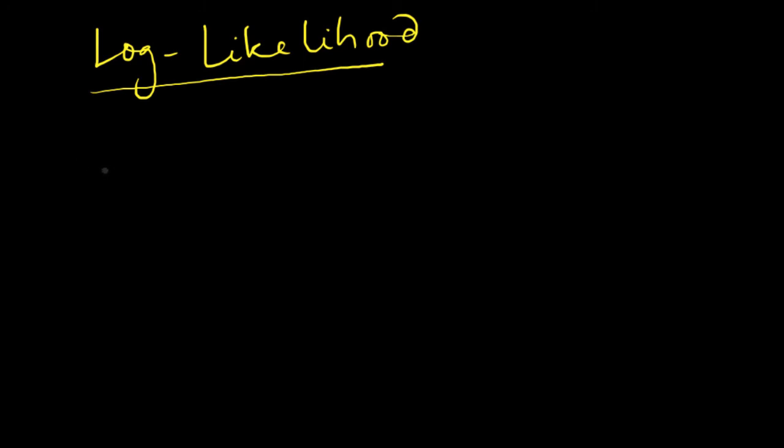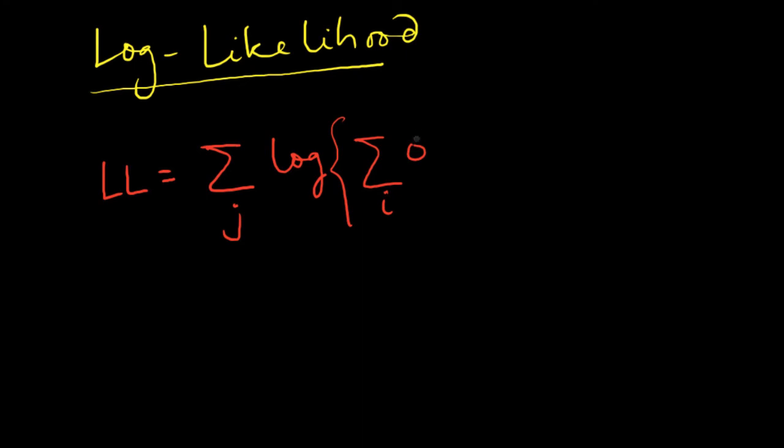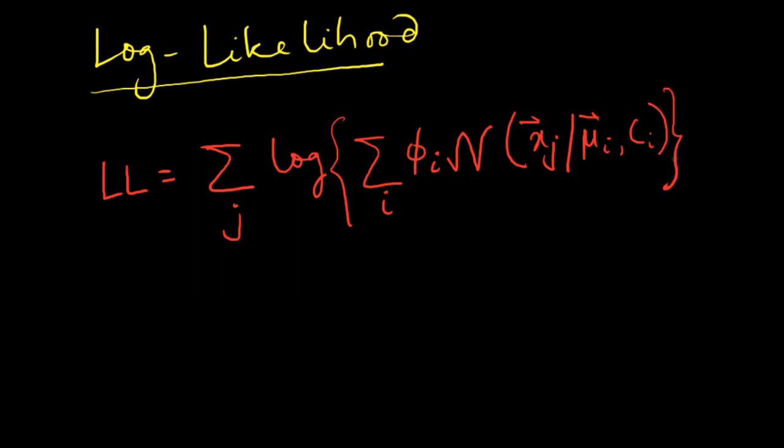So what is this log likelihood function? This is given by summation over all j of the logarithm of summation over all I of phi I times the Gaussian of xj given mu I given Ci. So basically what you're trying to maximize is the probability of assignment of the points to various clusters. If they have been assigned correctly, then this log likelihood will be maximized.